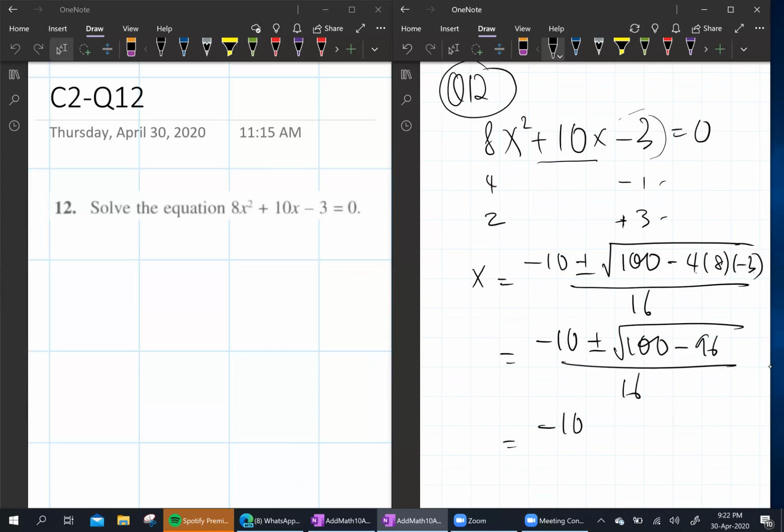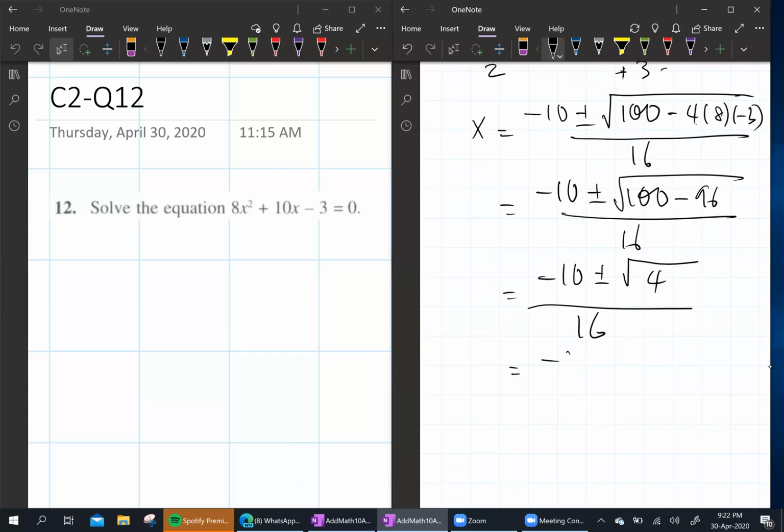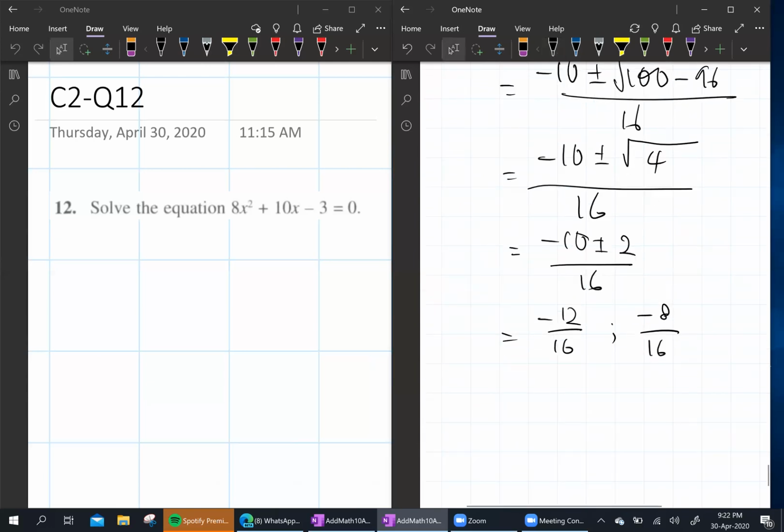Minus 10 plus minus root of 4 over 16, equals to minus 10 plus minus 2 over 16. So minus 10 minus 2 is minus 12 over 16. I do the wrong one. Minus 8 over 16. Yeah, teacher, I copy.